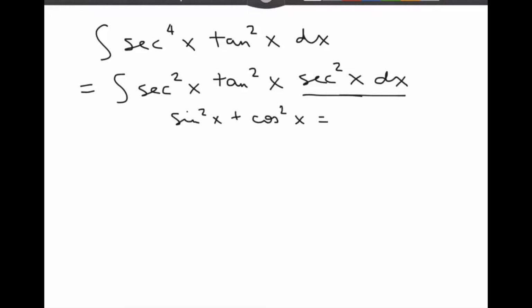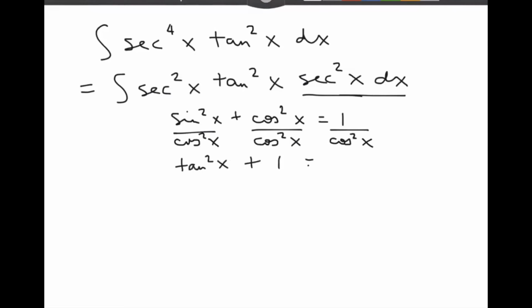All right, so I know if I want a secant in here, I need to put a cosine squared under here. And that helps me remember that that identity is tangent squared x plus 1 equals secant squared x. We're trying to write everything in terms of tangent.